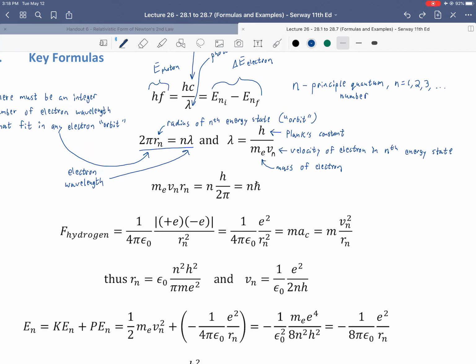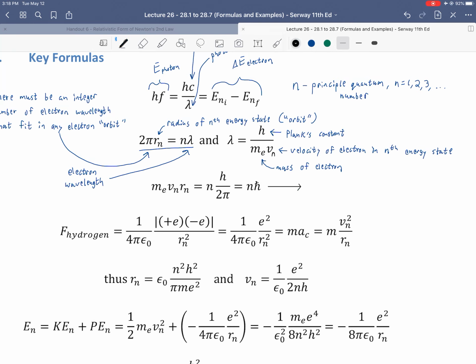So this is essentially what this line is showing, that we can eliminate the electron wavelength from our expressions. So let's show that. Here I'm going to put this in black, because it's not a label.